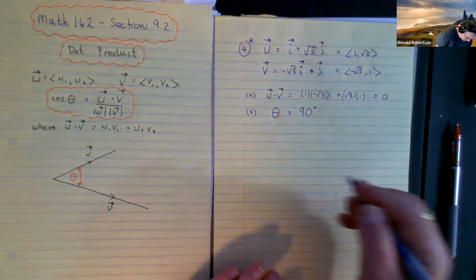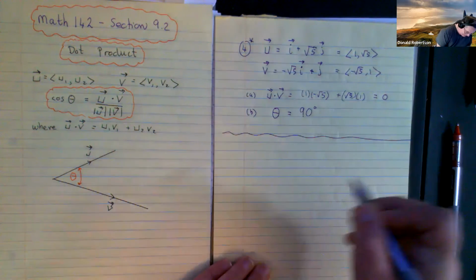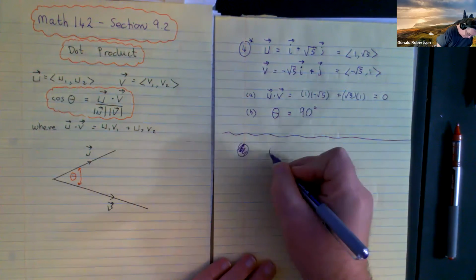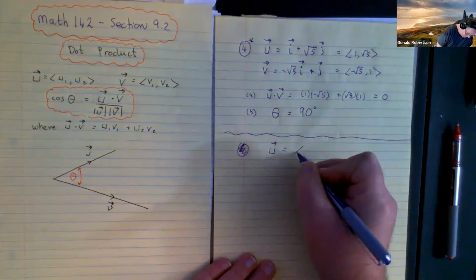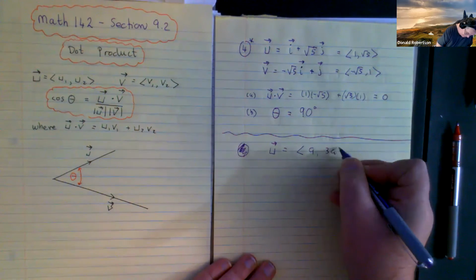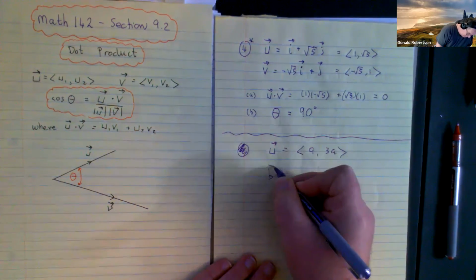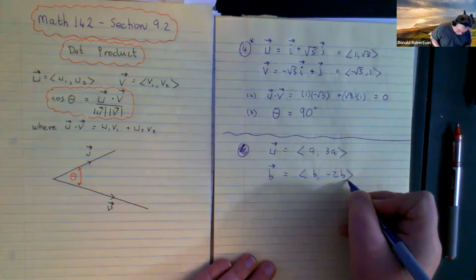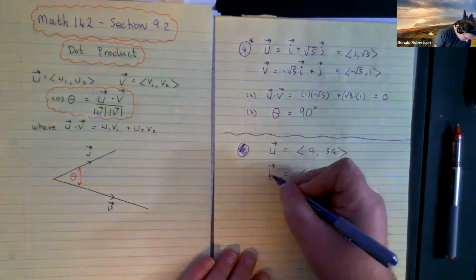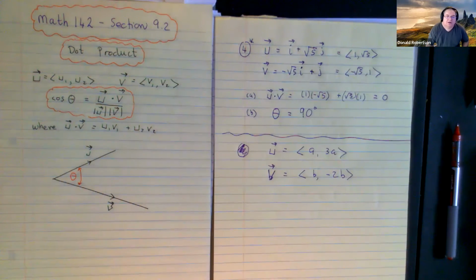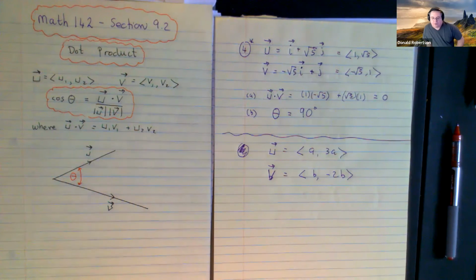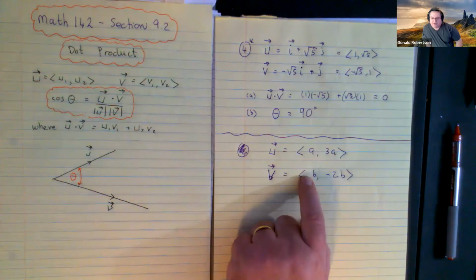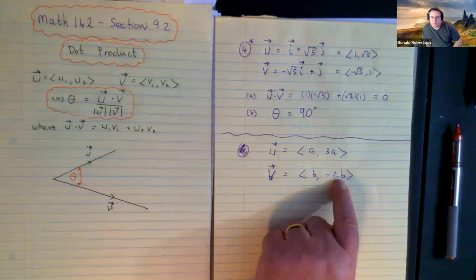And try one last one. A rather strange one. I don't know why I'm calling that B, I'll call it B. So I want you to imagine that you're told the vector is A, 3A, and the other vector is B, negative 2B.